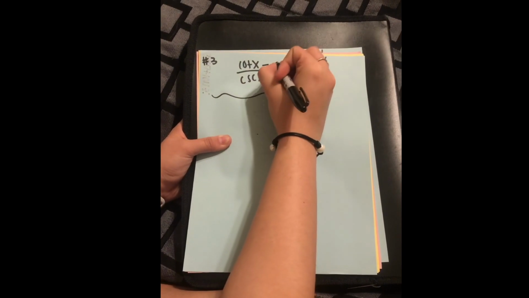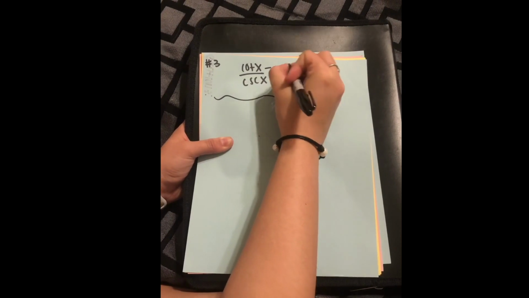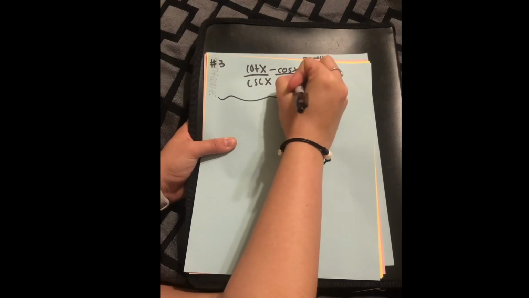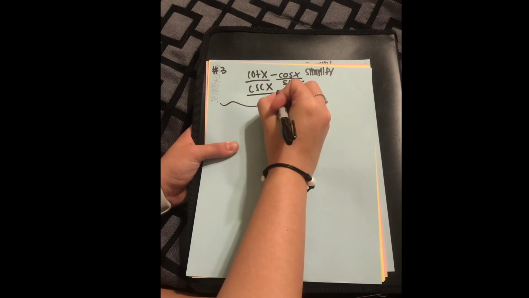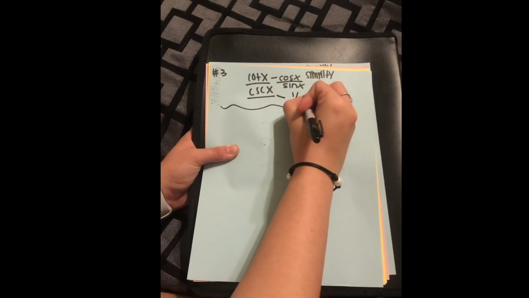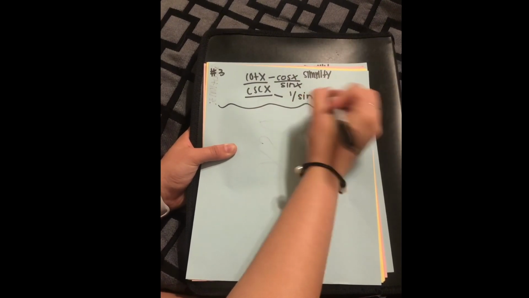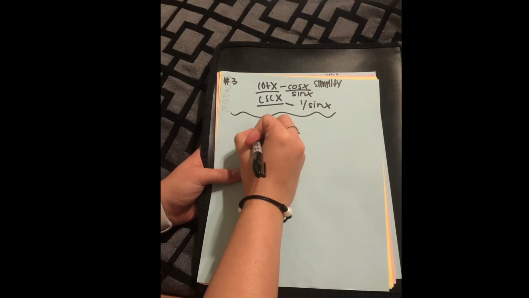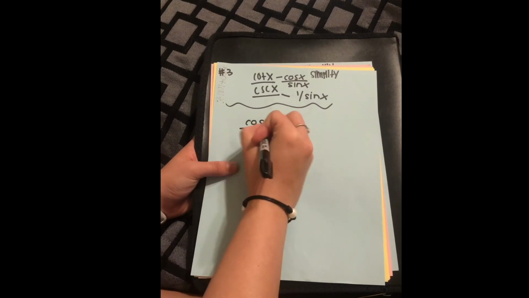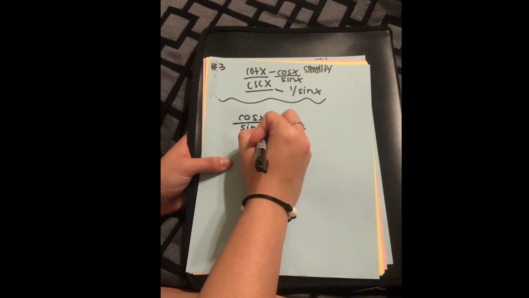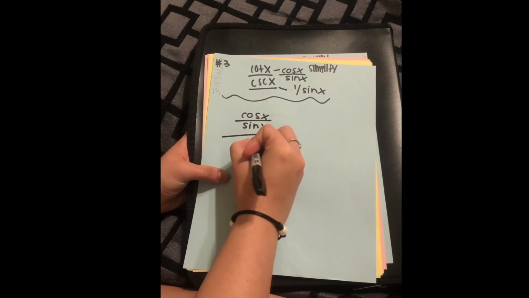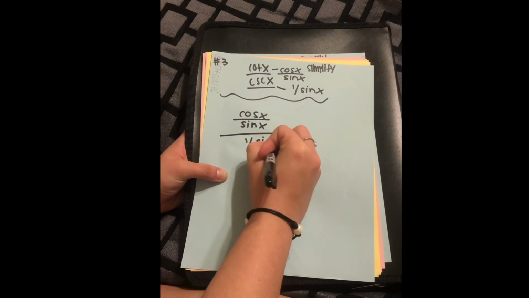Cotangent x is also cosine x over sine x. And cosecant is also 1 over sine x. Now we're just going to rewrite that as cosine x over sine x all over 1 over sine x.